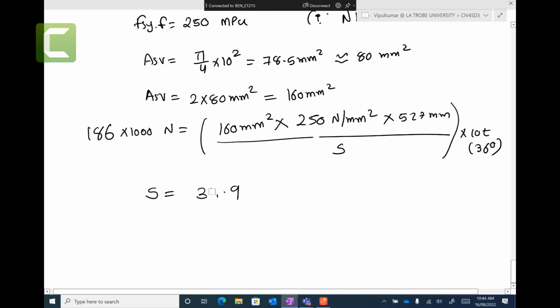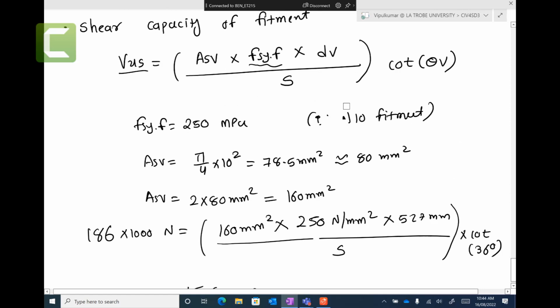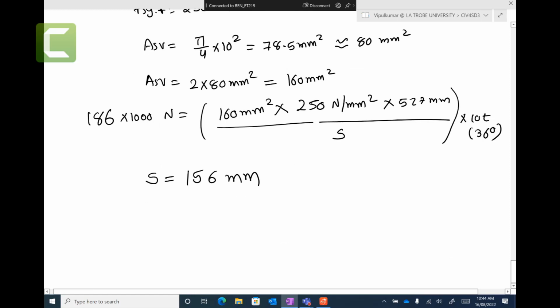Yeah, that is better. 156 millimeter spacing. So I think use the R10 fitments with two legs. That will reduce our spacing. Otherwise, it will go to very high spacings.